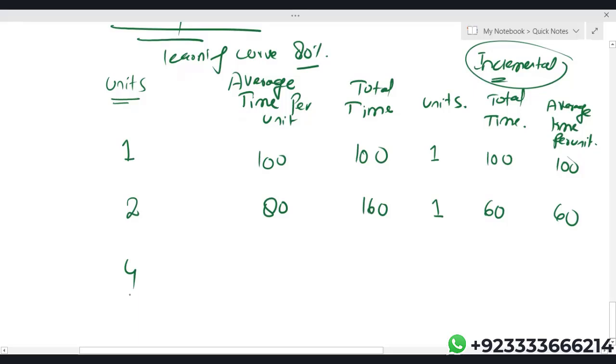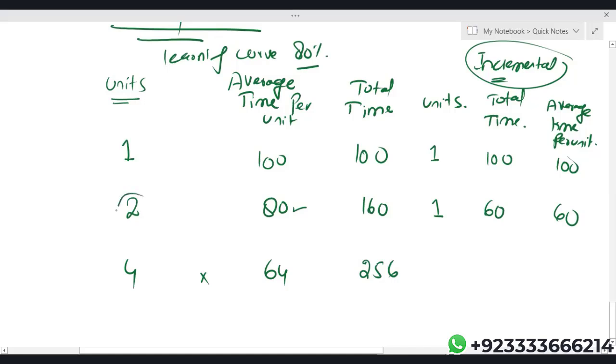So now I'm going to apply 80% on these 80 hours. If you take 80% of 80, it is 64. So 4 multiplied by 64, total time is 256. Now, how many incremental units are we producing?